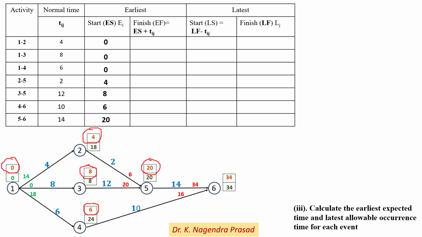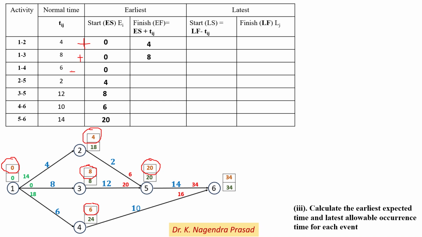So next we have to calculate the earliest finish time, which is equal to the earliest start time, whose values we know, plus time duration or normal time. So for activity 1 to 2, the earliest finish time is the earliest start time 0 plus normal time 4, so 0 plus 4 is equal to 4. For activity 1 to 3, 0 plus 8 is equal to 8.